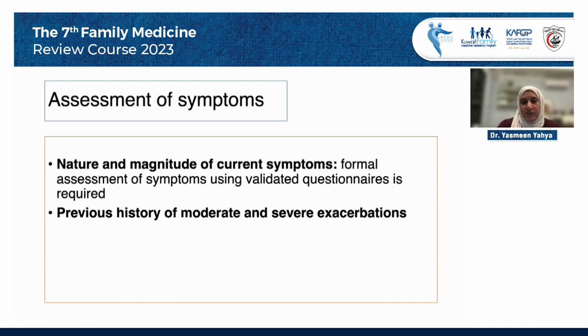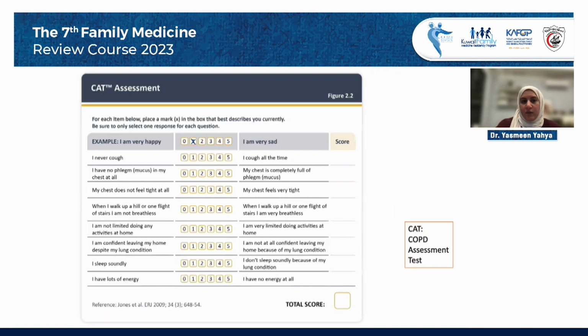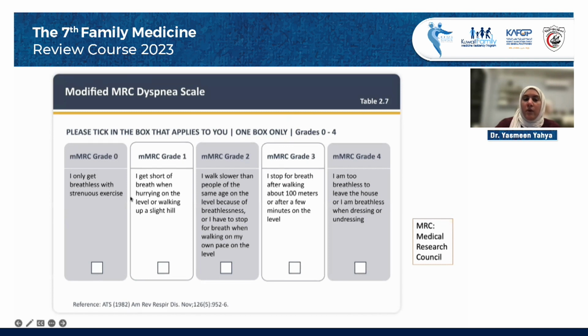Using validated questionnaires. Okay, GOLD guidelines propose two questionnaires, which are the MRC, the Medical Research Council, and the CAT questionnaires, which is the COPD Assessment Test. They advise to use them both together, but you can use one of them at least.